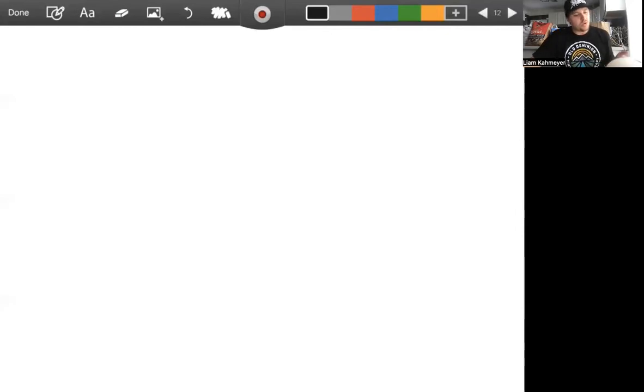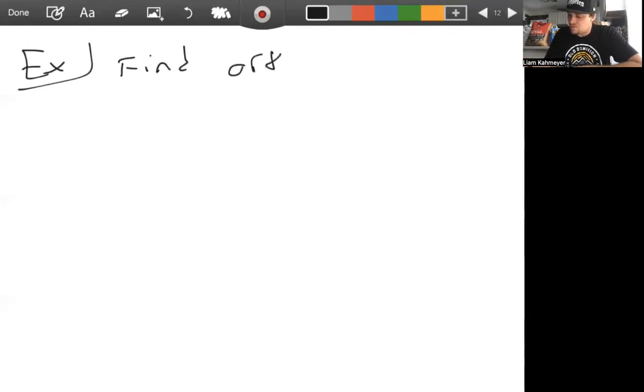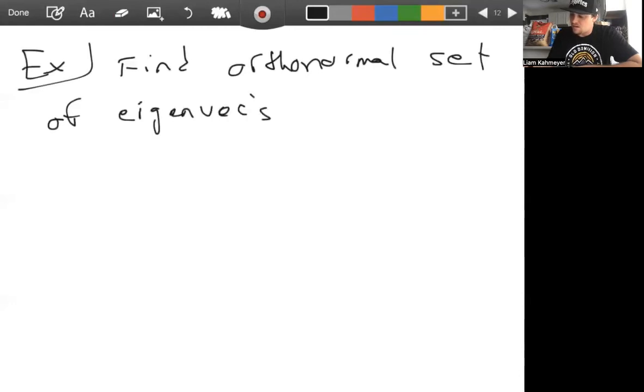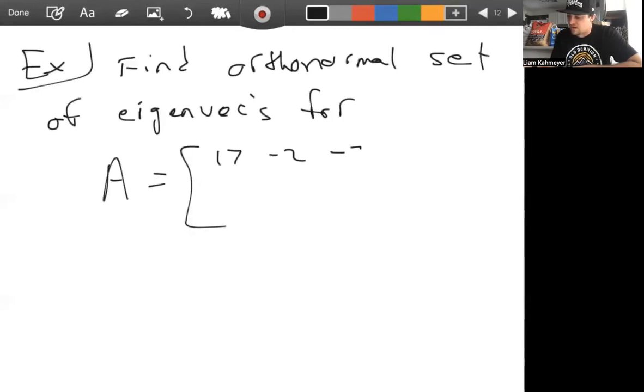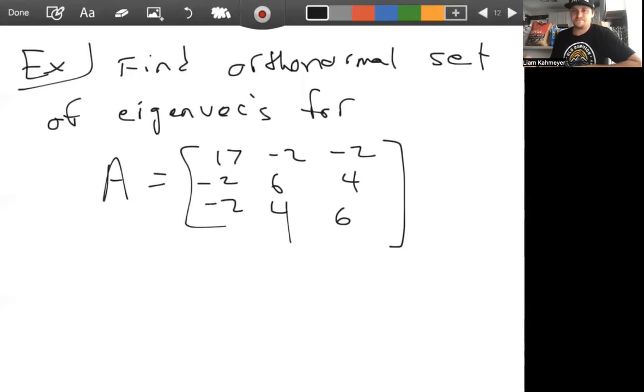Okay, so let's do an example. Let's say we want to find an orthonormal set of eigenvectors for A, which is the matrix 17, -2, -2, -2, -2, 6, 6, 4, 4.